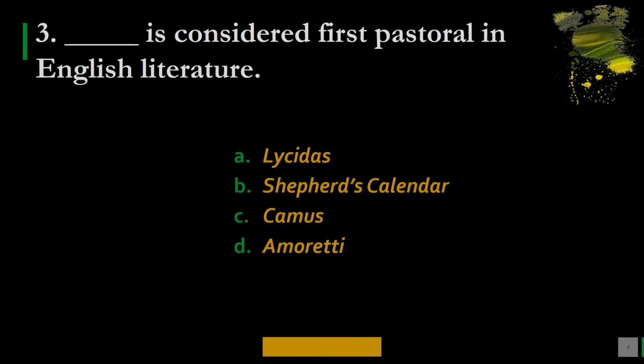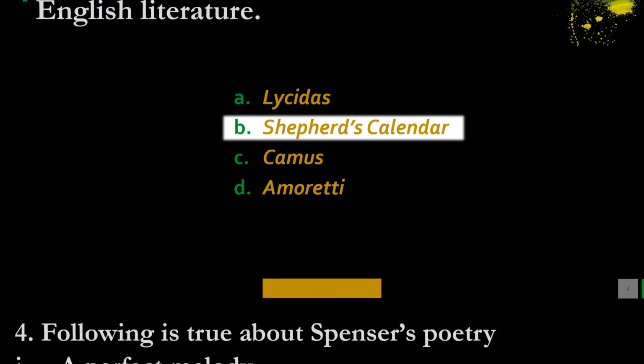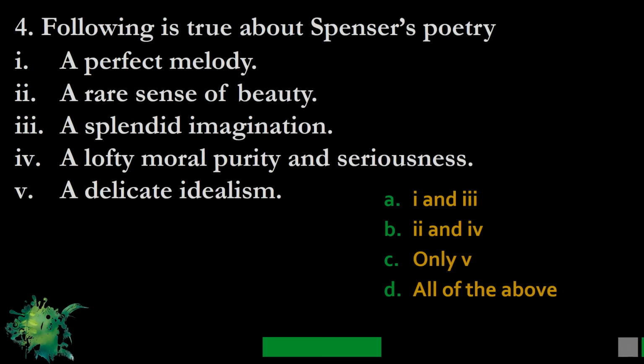Number 3. Dash is considered the first pastoral in English literature. A Lycidas, B Shepherd's Calendar, C Comus and D Amoretti. Option is B Shepherd's Calendar. Number 4. Following is true about Spenser's poetry. Number 1, a perfect melody.